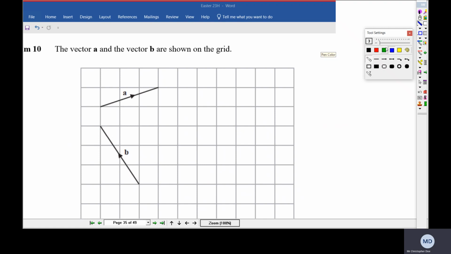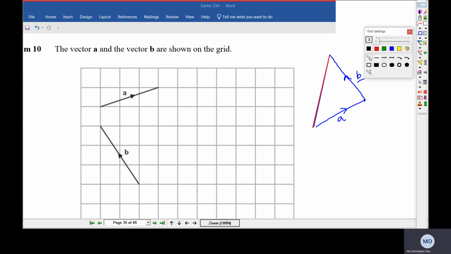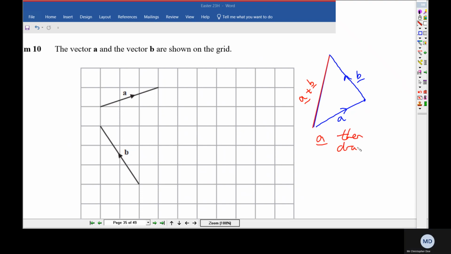Here's A plus B. There's A. There's B. This line here is A plus B. Think of it as being A, then plus B, and then join up.